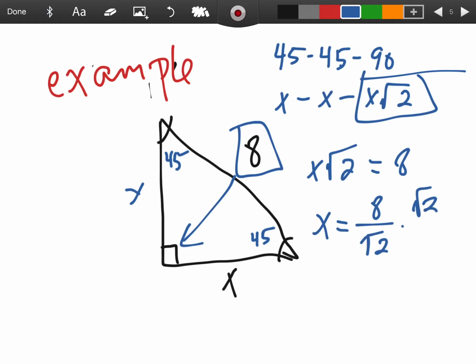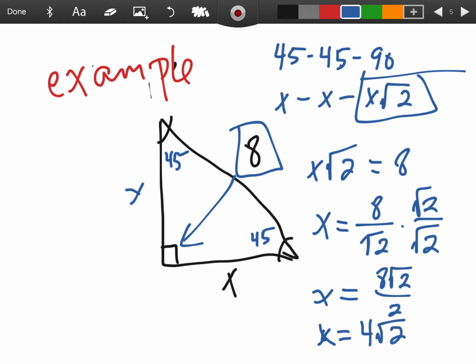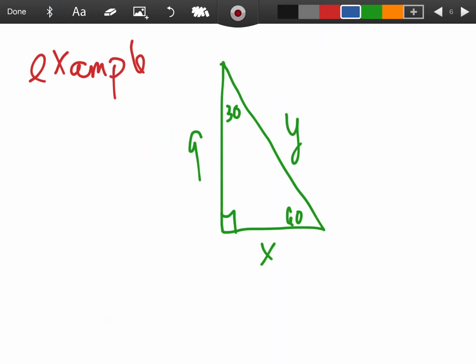We've learned how to solve these. We'll multiply by square root of 2 over square root of 2. We'll get 8 root 2 over 2, which then gives us x equals 4 times the square root of 2. So this side here is 4 square root of 2, and this side here is 4 square root of 2. All right, beautiful.